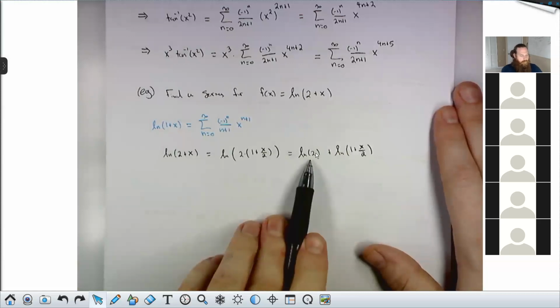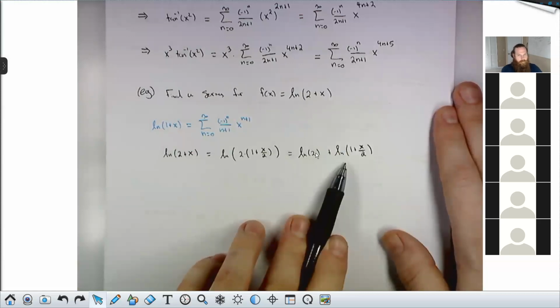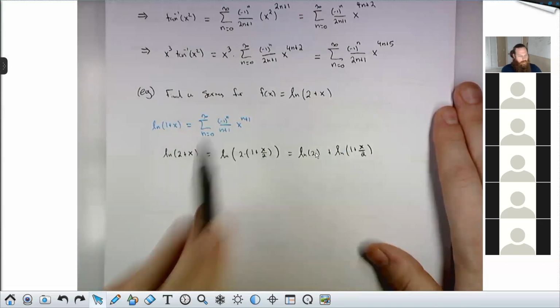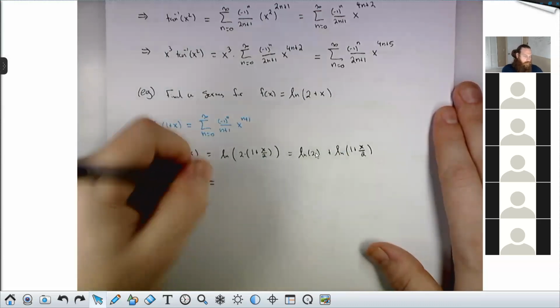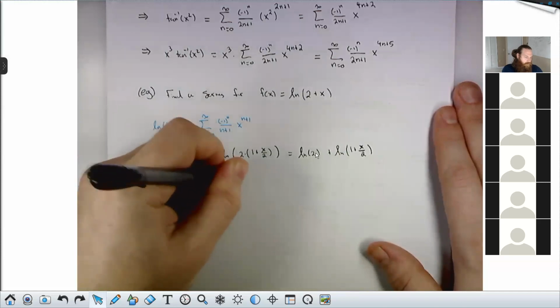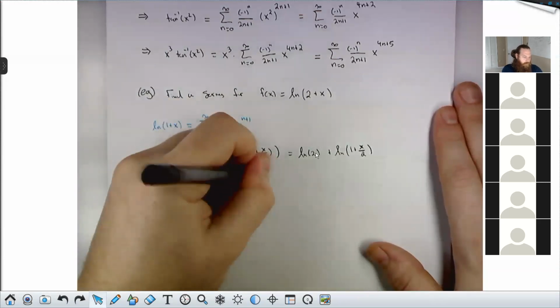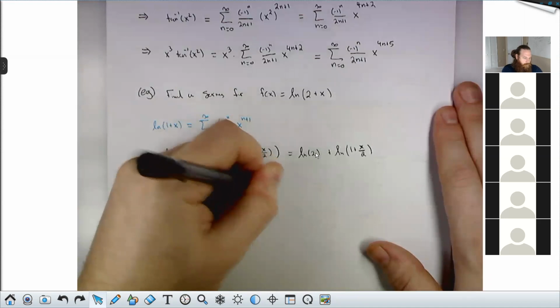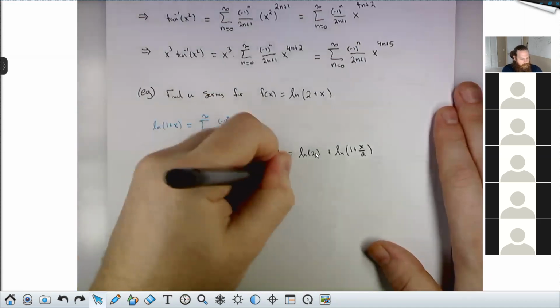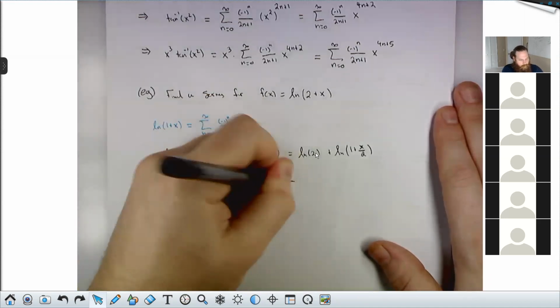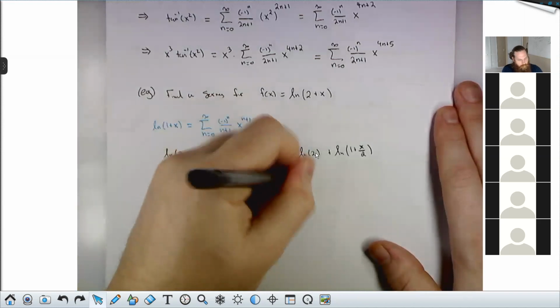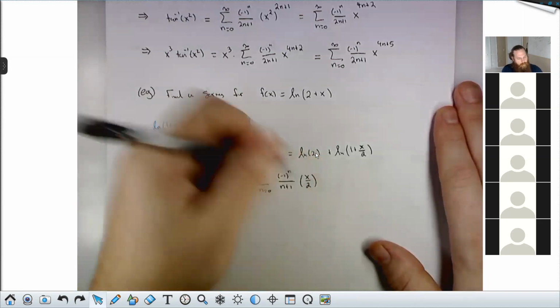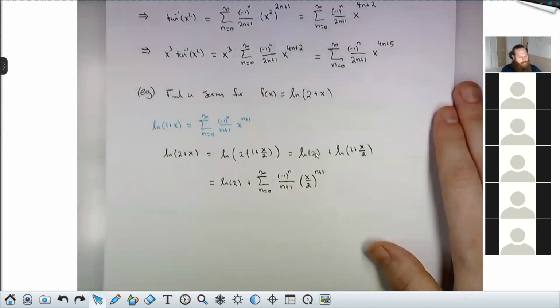The ln 2 piece is just going to come along for the ride, and this I can now get by substituting into here. So this is the natural log of 2 plus sigma n from 0 to infinity, negative 1 to the n over n plus 1 times x over 2 to the n plus 1.